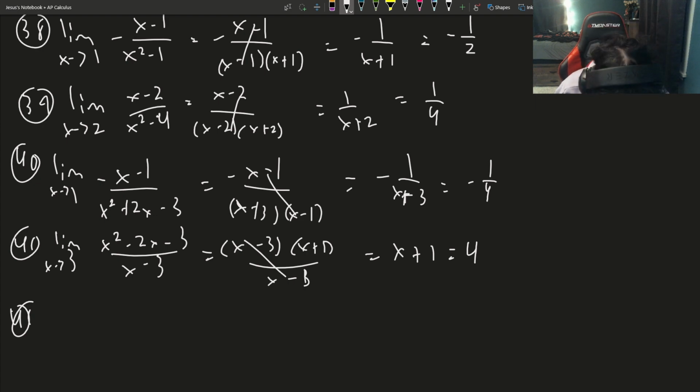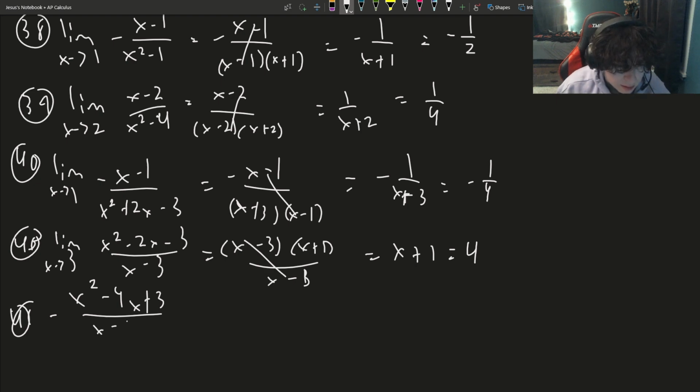I think I just did the wrong problem. I did. I've been doing the wrong problems. I just realized, 40 was, no, 41 was, okay, this was supposed to be 43. This is 41. Okay. So 41 is, I'm sorry, x squared minus 4x plus 3 over x minus 3.